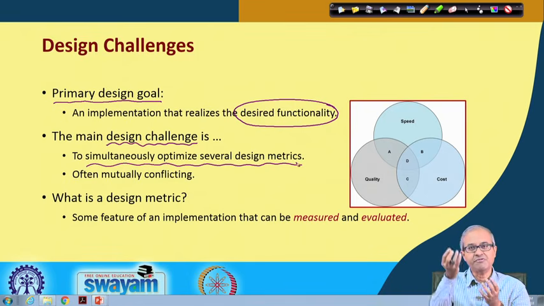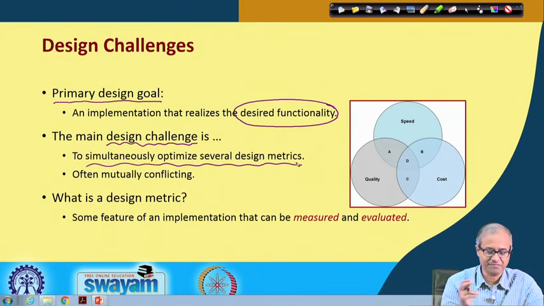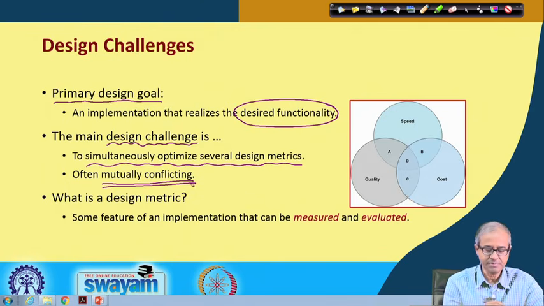But you see, if you try to reduce the cost, naturally your performance will also go down, and your ruggedness can also be compromised. So, you cannot have the best of all worlds. This is something we refer to as trade-off. These are mutually conflicting in most cases.